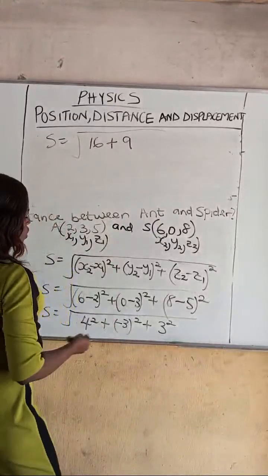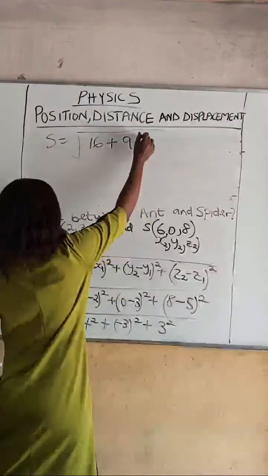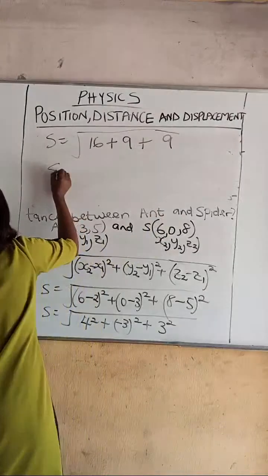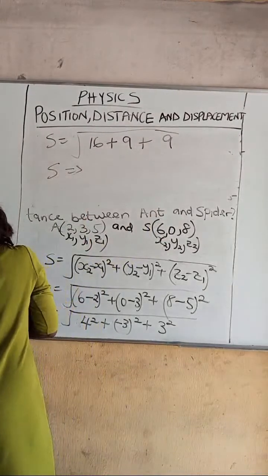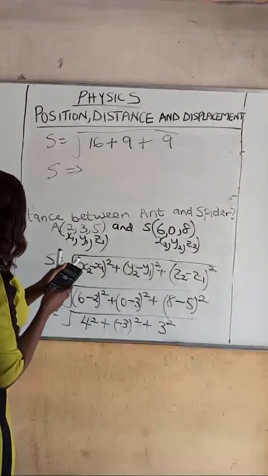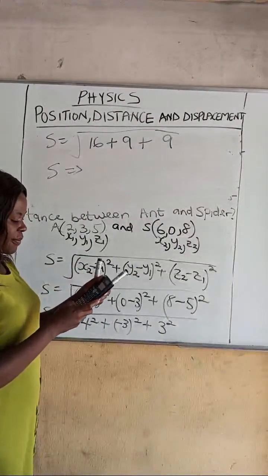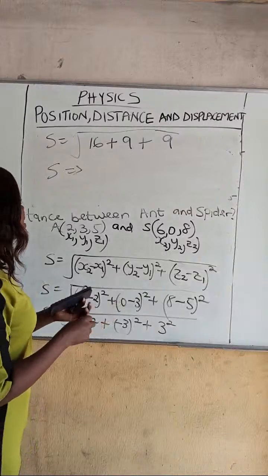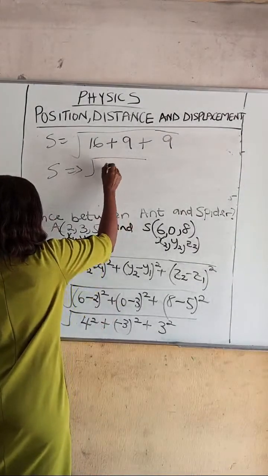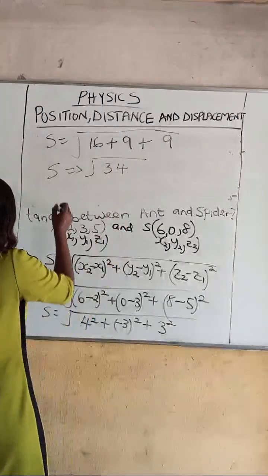Again, plus 3 squared is 9. So I'm going to add them. With the help of a calculator, 16 plus 9 plus 9 is going to give me 34. So this is root of 34, right?